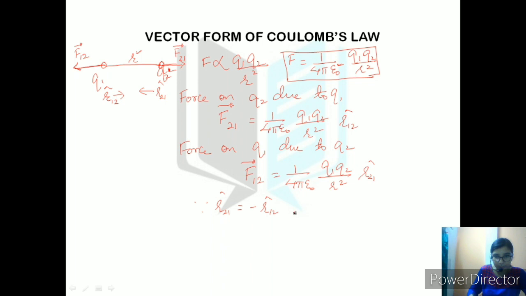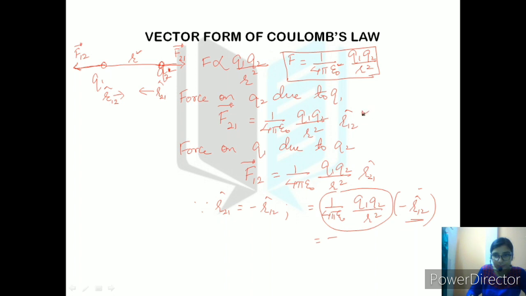Since they are equal and opposite, we can write this expression as 1 by 4 pi epsilon naught Q1 Q2 by R square, and this R21 cap is nothing but minus of R12 cap. Am I clear? So now the minus comes here. What remains? 1 by 4 pi epsilon naught Q1 Q2 by R square R12 cap.